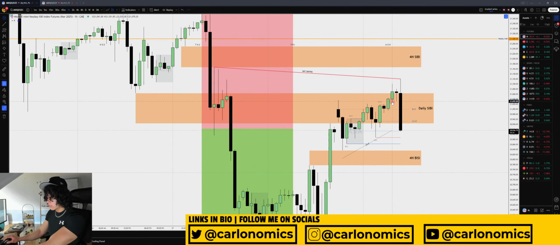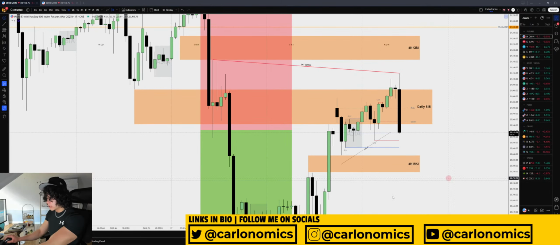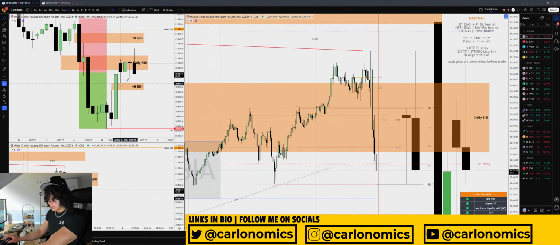We can also see that we're disrespecting this hourly gap. This hourly gap already offered fair value to this high, so it doesn't really matter. So you can probably delete that one. But we're going to go to the 15-minute time frame now.